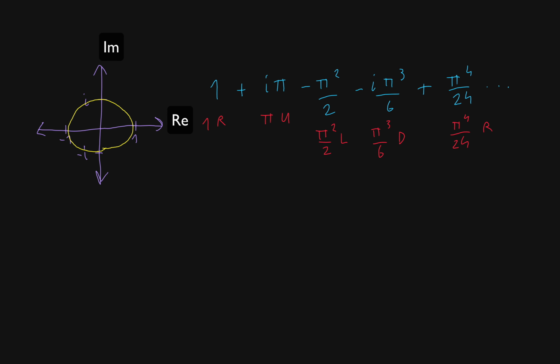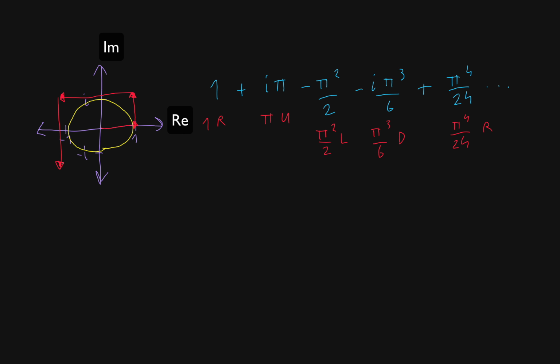And the way that it moves is that you're going to start here, 1 plus i pi, whatever that is, over here. And then you're going to move to the left, whatever negative pi squared over 2 units is. Then you're going to move down pi cubed over 6 units, whatever that is here.